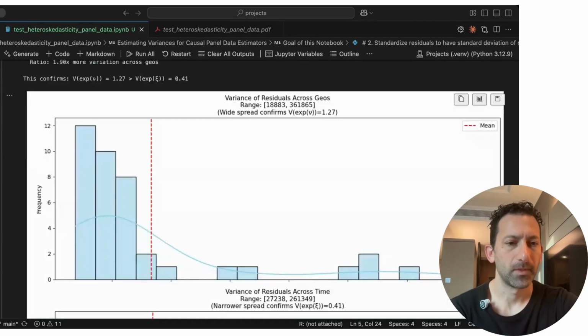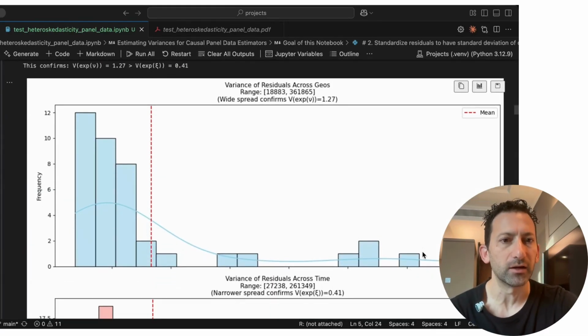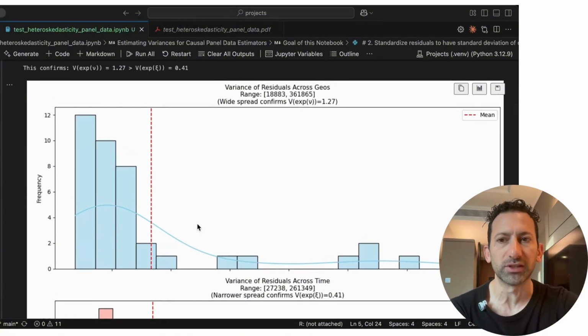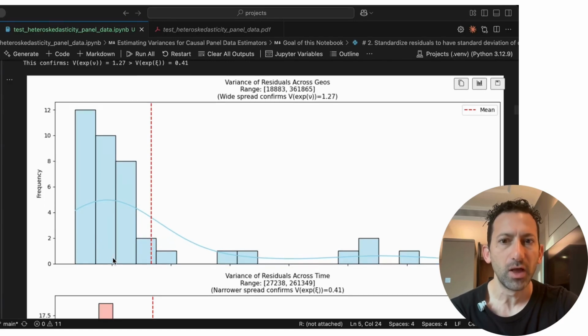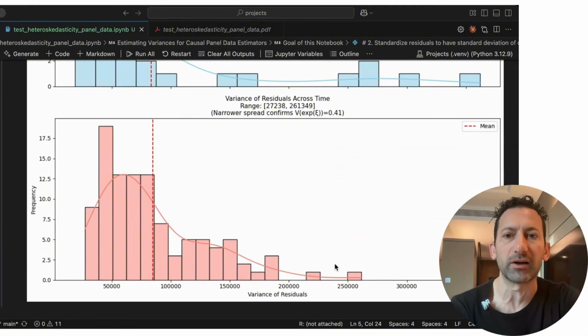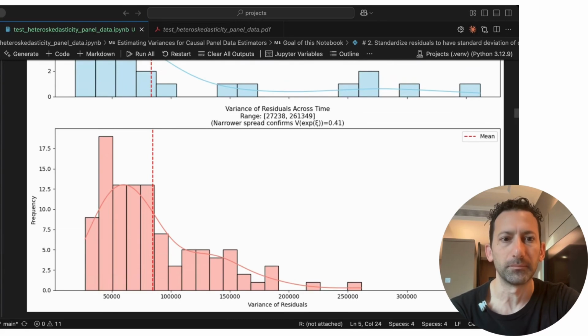Now, what I do is I confirm this visually in our data by predicting values with time and geo-based fixed effects, getting the residuals, and then aggregating those residuals so that we have a variance within geo. And sure enough, we can see that the distribution of the variances across geos is much wider. They go further off. They have higher variance than the variance of the residuals across time.